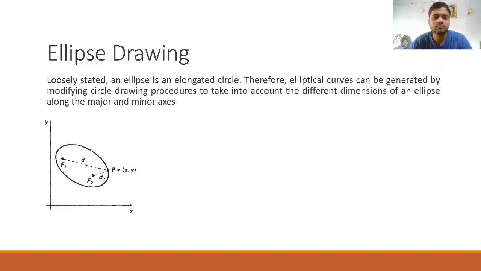And there is a very typical property of an ellipse. If we find the distances from the perimeter of the ellipse to, let's say, two foci points, then the sum of the distances remains constant anywhere you go.